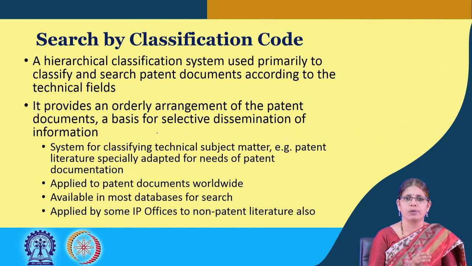Every patent is different from every other patent by the way it is represented in terms of its classification code. It also provides what we call the orderly arrangement of patent documents and helps in the dissemination of information uniformly with the different patent offices. And most databases have the search done by classification search.